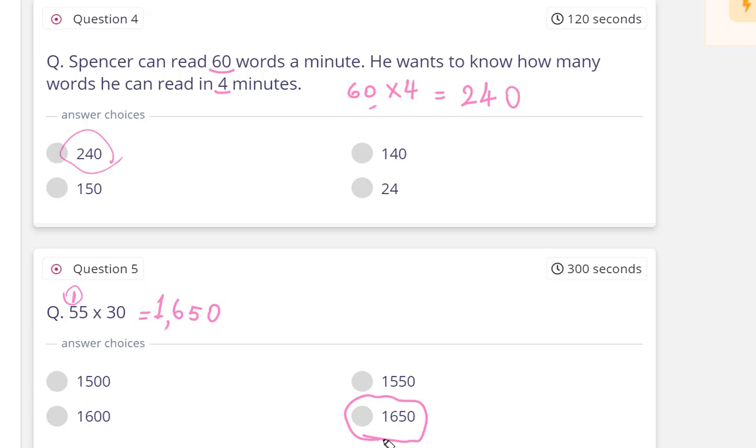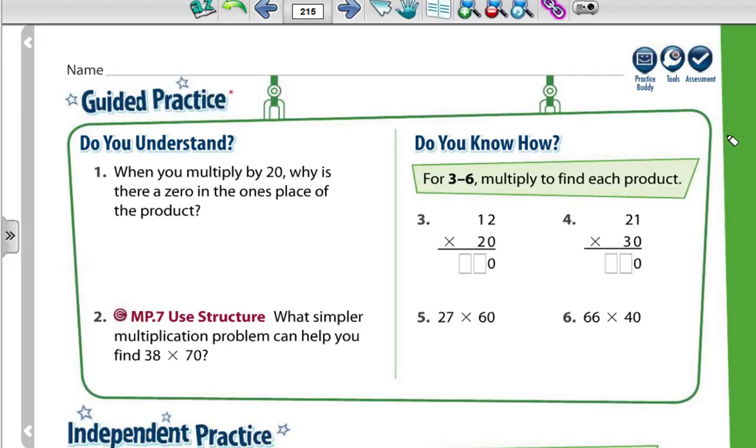Okay, my heroes. Now let's go back to the book. In the same page, 215, we have the first question.